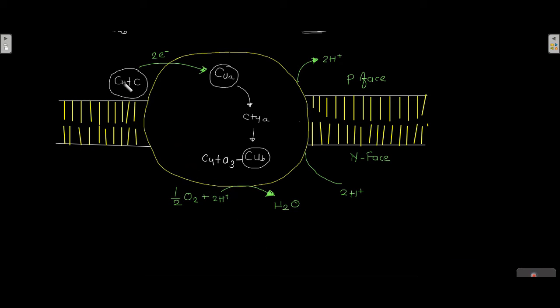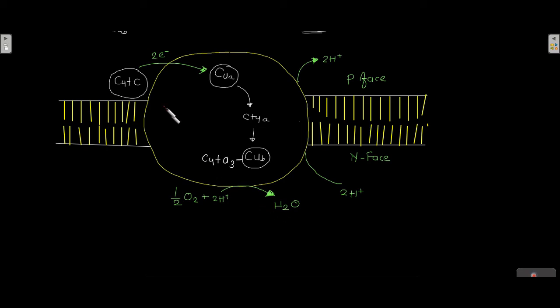Now this cytochrome C is a peripheral protein, and it binds to the P phase of the inner mitochondrial membrane. Then cytochrome C transfers electrons through copper A, cytochrome A, and then cytochrome A3 and CuB to the oxygen, which results in the formation of water.